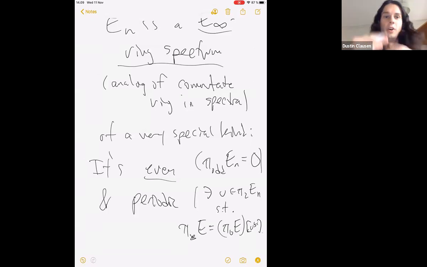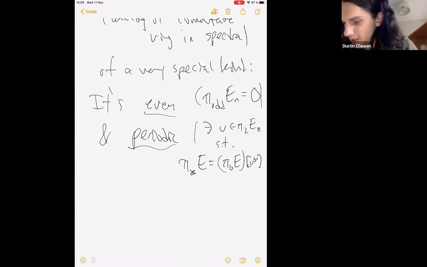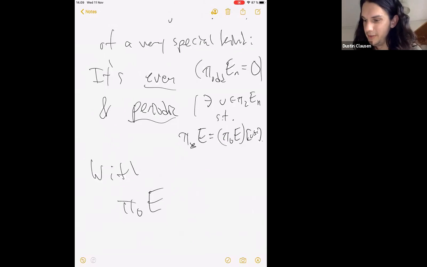So all the even homotopy groups are the same. They're all isomorphic via multiplication by some periodicity operator. And then what is this pi 0? It's basically the only algebraic invariant you need to understand, because it's even and periodic.